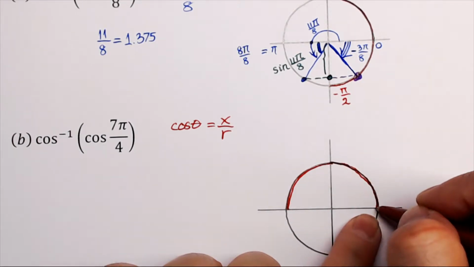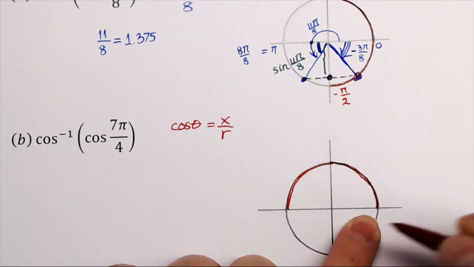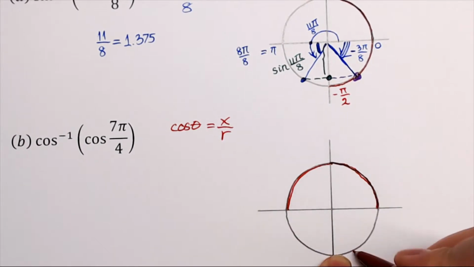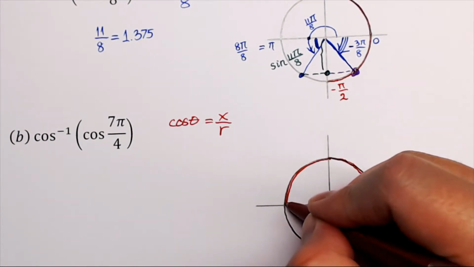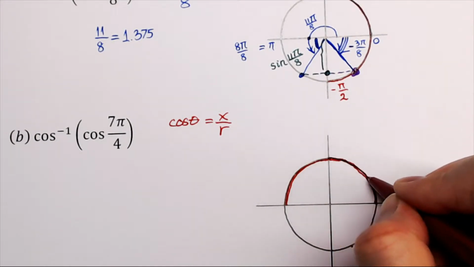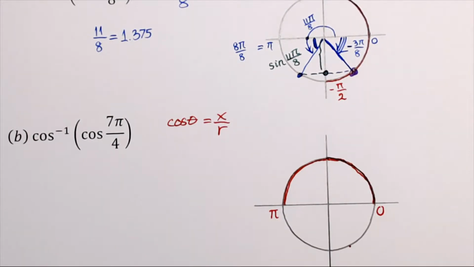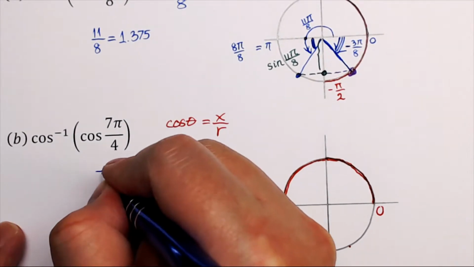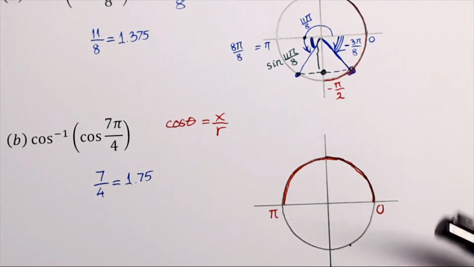But when we try to find the inverse of that value, it has to be in this arc. So the answer is going to be at this point. If it goes all the way around to here, that is 11 pi over 8.